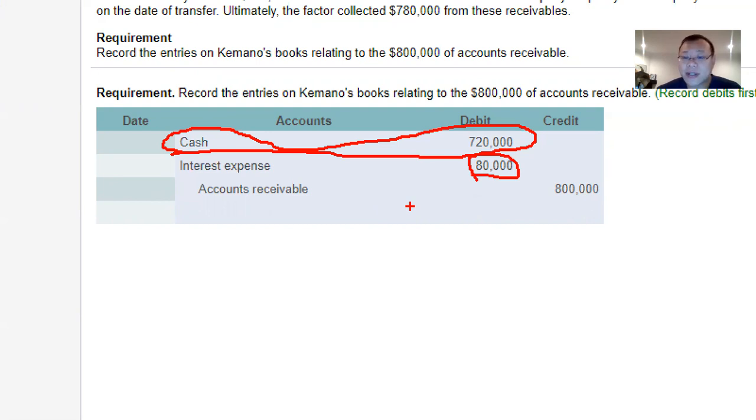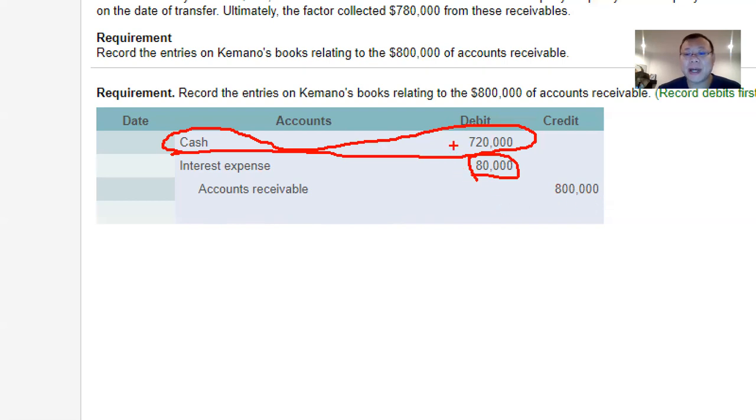Through this transaction, you are able to get your cash earlier. Instead of waiting a long period of time to collect all the $800,000, you get $720,000 in cash at one time. But you are willing to take only 720 instead of 800 because you trade off between future cash flows and current cash flows.